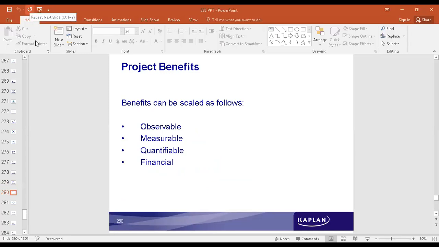Then benefits can be scaled as follows: benefits that are observable, measurable, quantifiable, and financial.